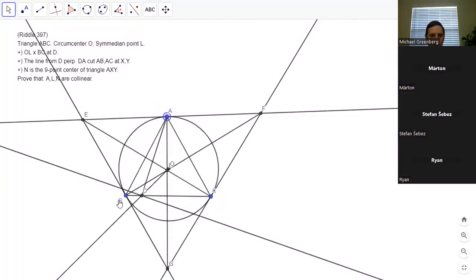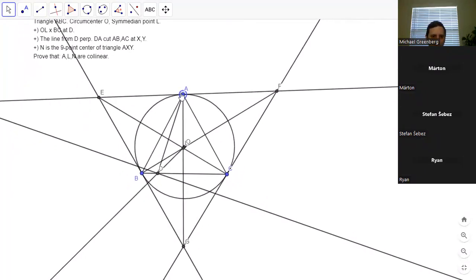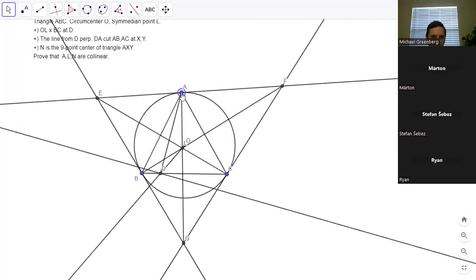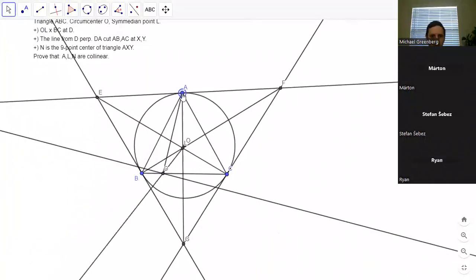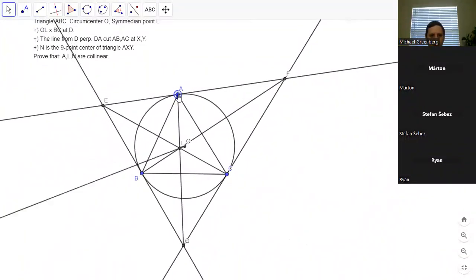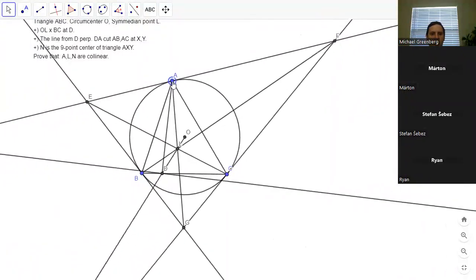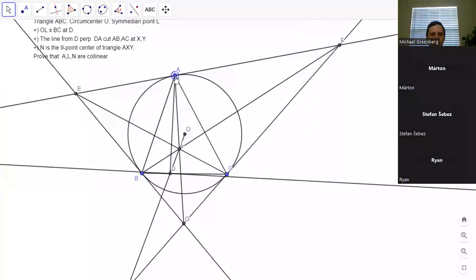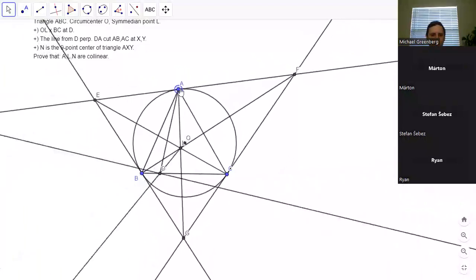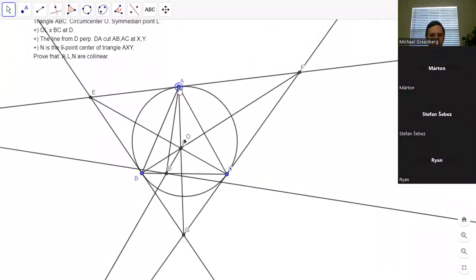So the picture might not look perfect, but let's see. ABC almost looks isosceles. I don't want L to be that close to O. But then I don't want AD to look like an altitude either. So just trying to figure out the best way to do this.